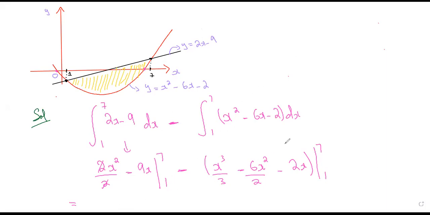And what about this one? Let me do it as well. So it would be 49 minus 97 minus 14, and then minus, we plug in 1.